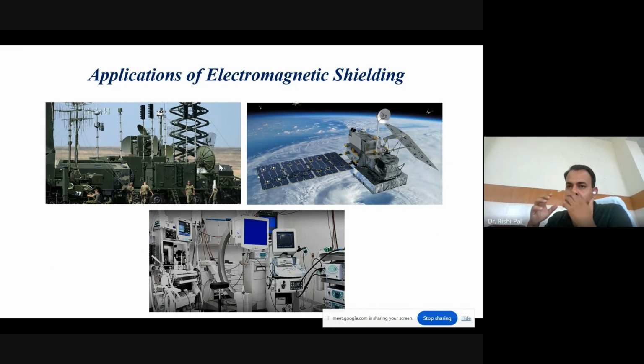Radar sends the signal, and after it interacts with the device, it goes back and the radar detects it. But if our plane goes to another country and their radar sends a signal, our aeroplane absorbs it and it will not go back. So their radar cannot detect our plane. This is the main application.